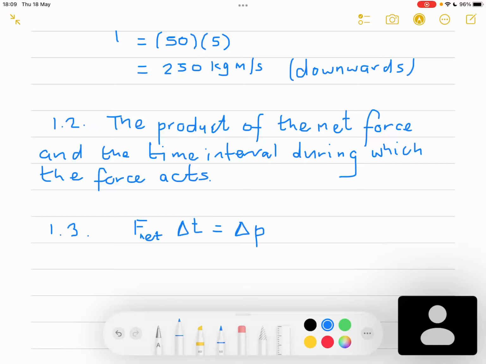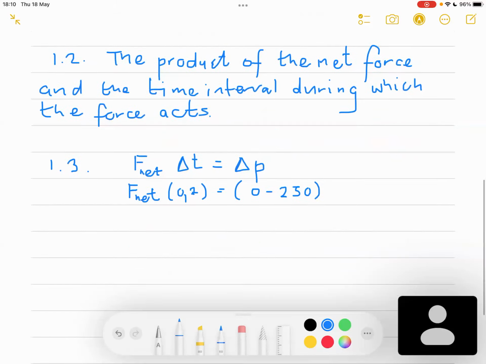We're trying to find the net force. The time interval is 0.2 seconds, because that's what they told us. And then the change in momentum. So she stops. And just before that, we calculated it to be 250.